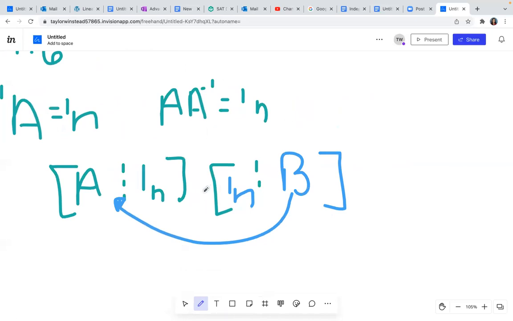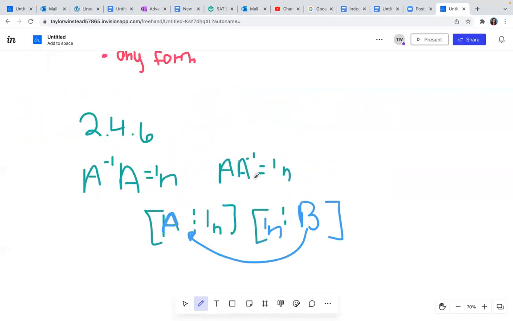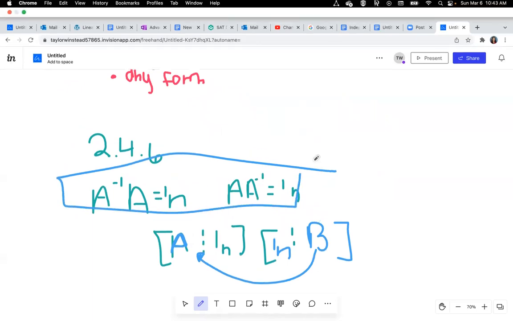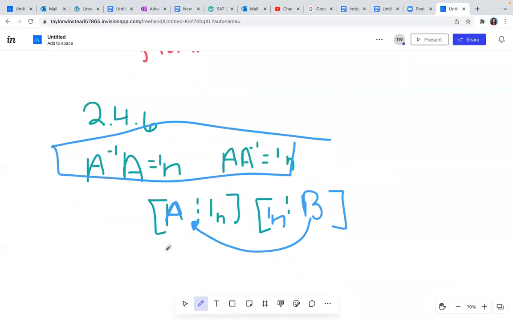Well, if this is moving from A to the identity matrix, and this is moving from the identity matrix to B, then it does make sense that if we multiply these two things times each other, if they're inverses, they'll just cancel out, like I said. And so you'll be left with the identity matrix, right? So that's a fact that you need to know. It's really, really important that you know that if you have the inverse times the regular, it's going to cancel out and leave you with just the identity matrix.